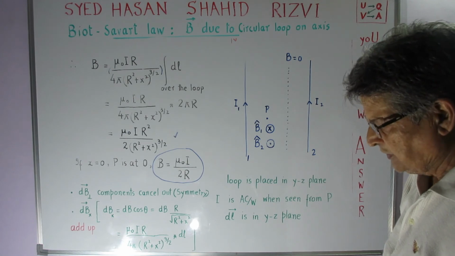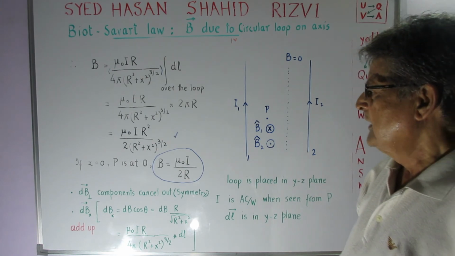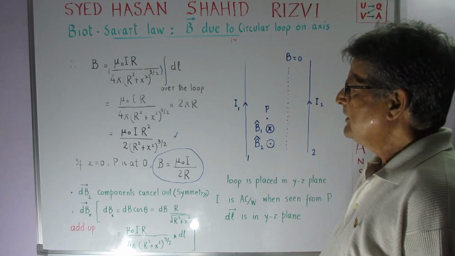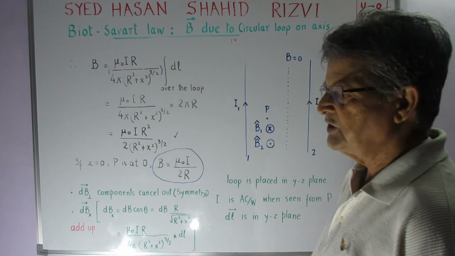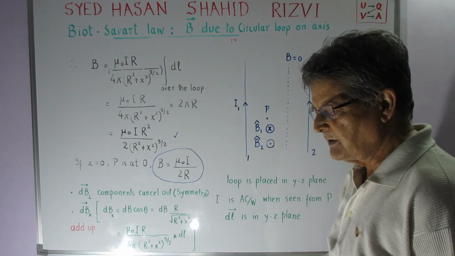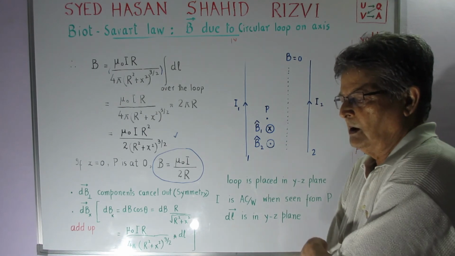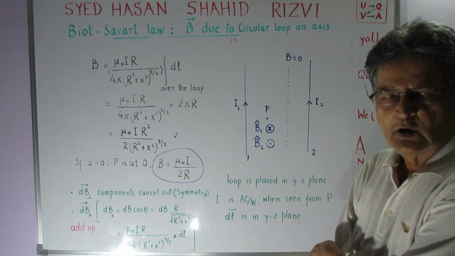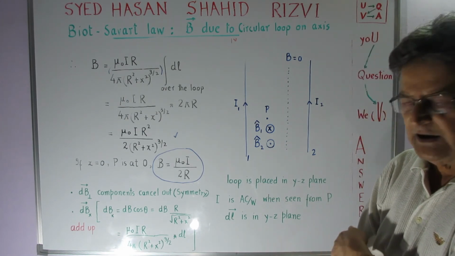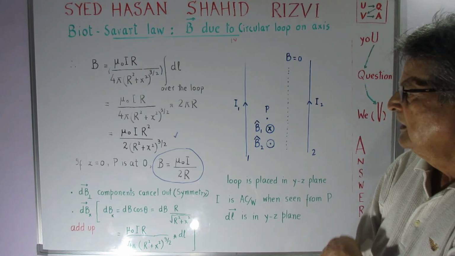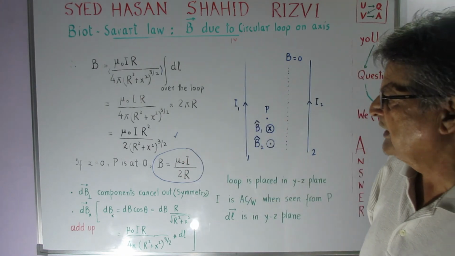So these are certain things, and the Biot-Savart law is just like Coulomb's law, which gives us the electric field, except for the exception we discussed in the last lecture.